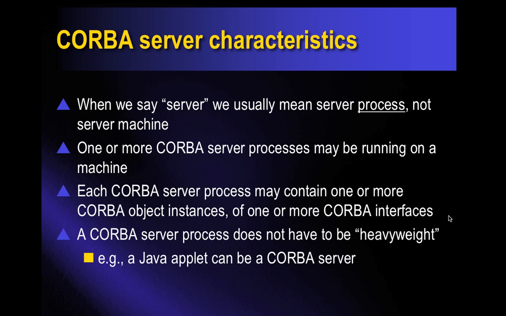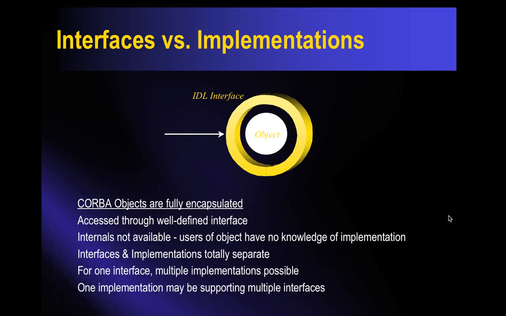And the server process doesn't have to be a heavyweight one. So as an example, a Java applet can be a CORBA server. It can act as a CORBA server. Interfaces versus implementations. So we have the object and then we have the interface wrapper around it in terms of its implementation.